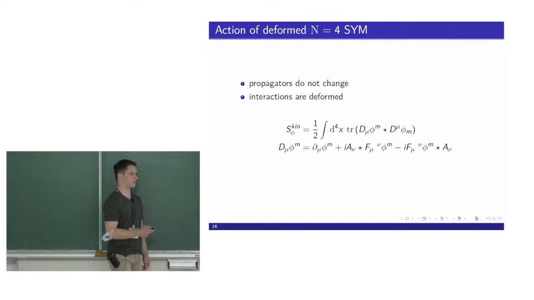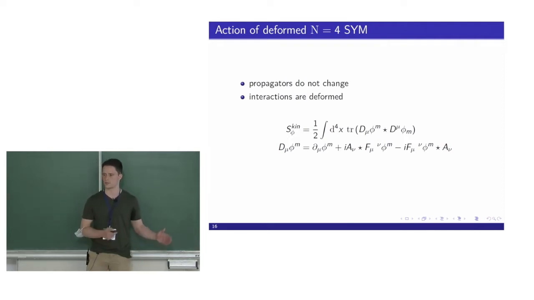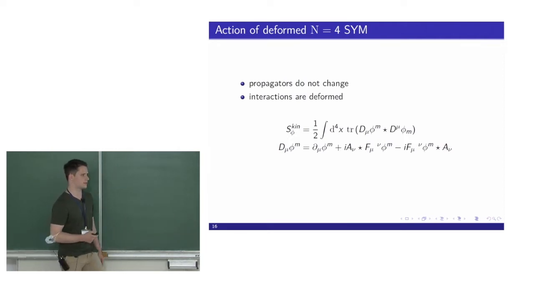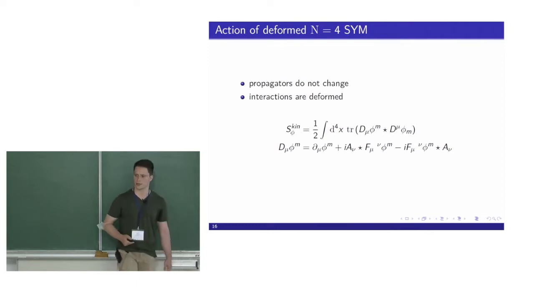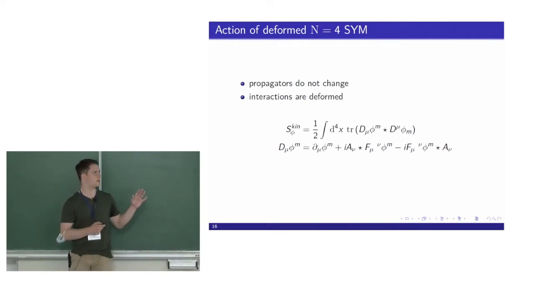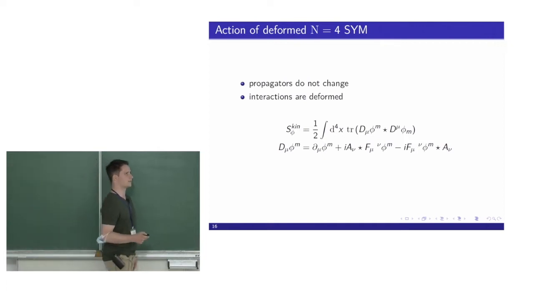And for the term that gives the propagator, we can see that this leads to the fact that propagators do not change as well in this Lorentz deformation here. However, as you can see from these terms here, when we plug them in here, we have these twists and additional star products, which means that interactions are really deformed again, also for this Lorentz deformation.